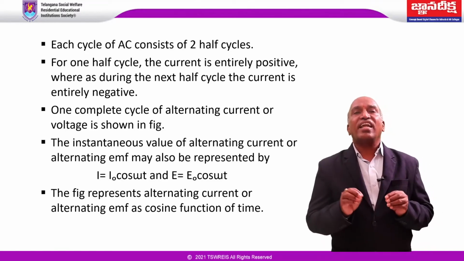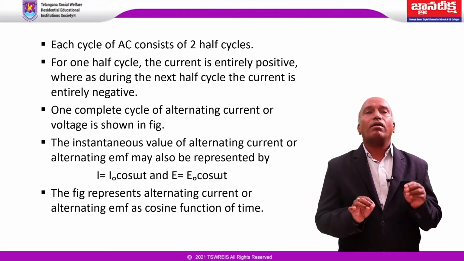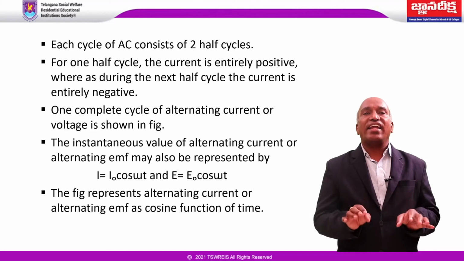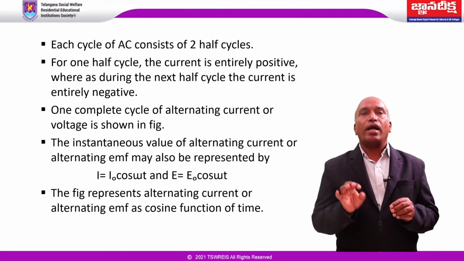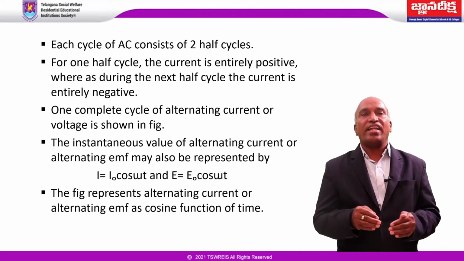The instantaneous value of alternating current or alternating EMF may also be represented by I equals I0 cos omega t and E equals E0 cos omega t.